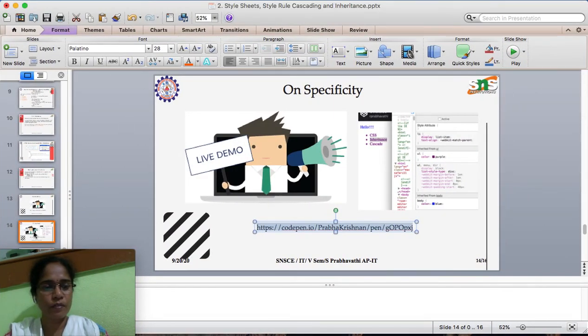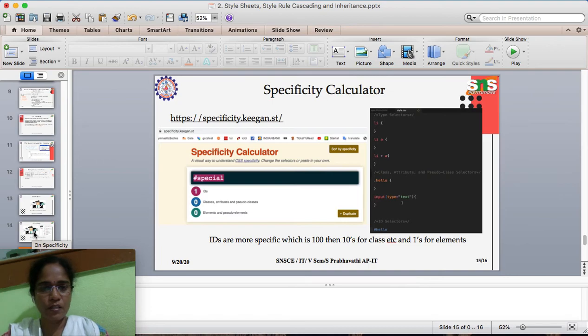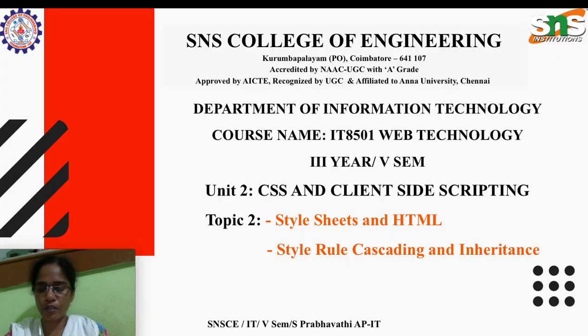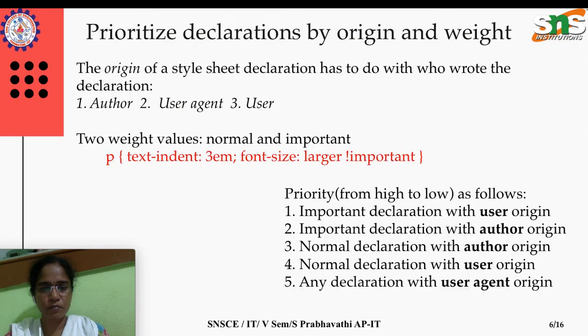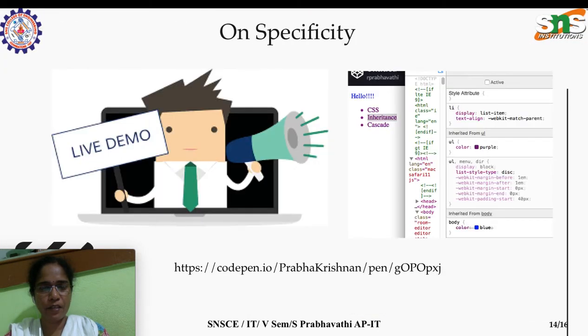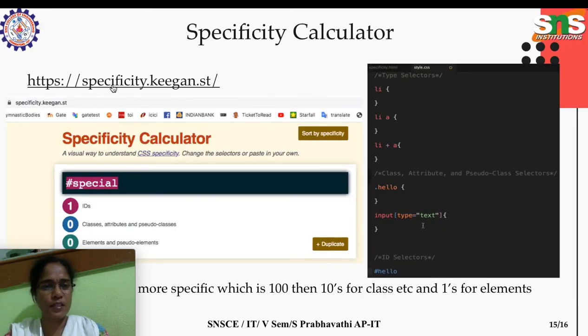Okay, and a final word is that you can check the specificity of each and every element. So visit this site. I'll go full screen. Final slide, all about this link, specificity.gigan.st.